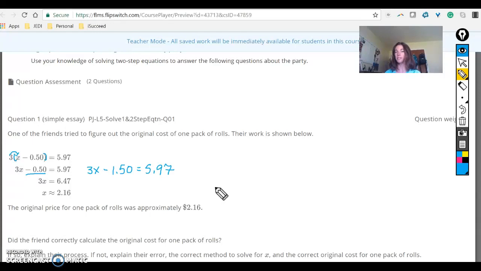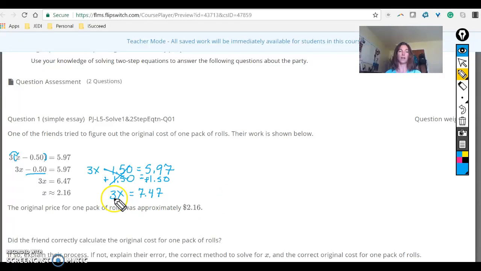They only distributed to the x, okay? Now we can add 150 to both sides. And when I do that, these are going to cancel out to 0, and I'll be left with 3x equals 747 instead of 647. Okay.